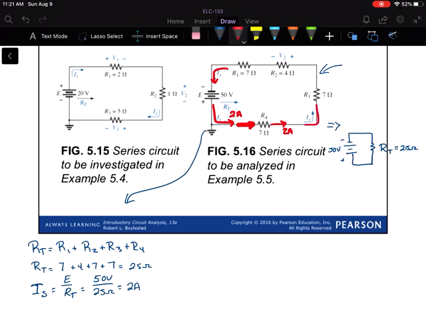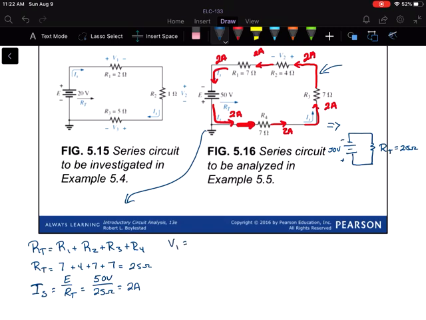And since R3 is in series with R4, we have that same 2 amps through here. Basically, there's nowhere else for the current to go. So we're going to continue to see that 2 amps all the way through our entire circuit and through every resistor. And that's going to help us when we calculate our voltage drops across those resistors, because we know the current through each one.